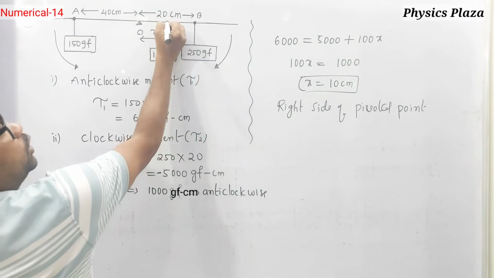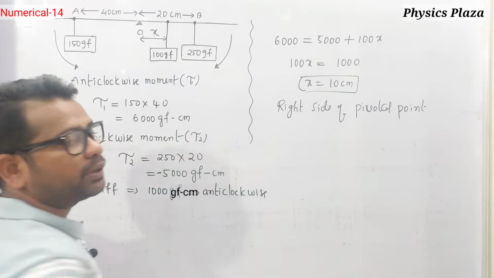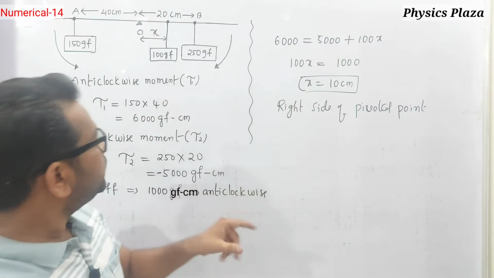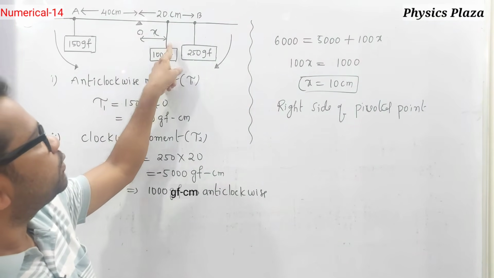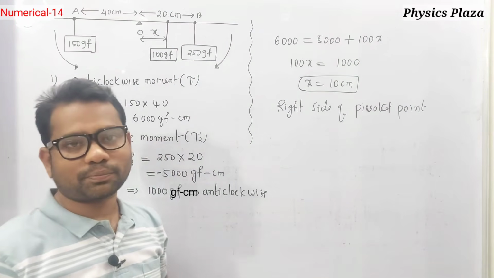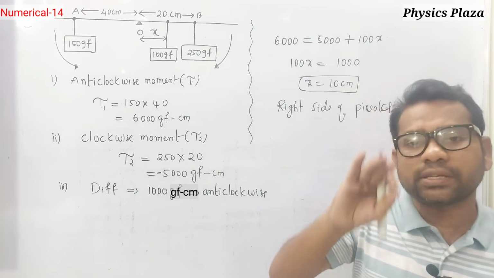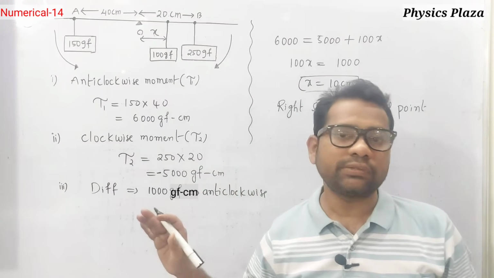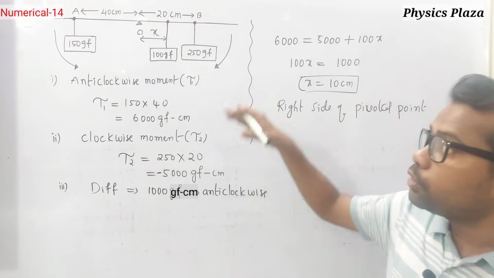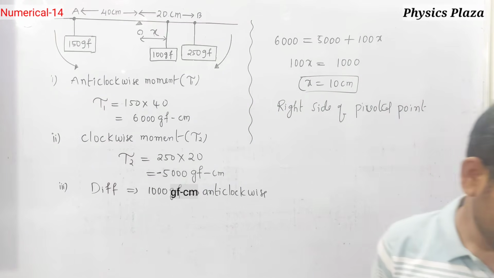So if we place that 100 gram force weight 10 centimeters from this pivot point on the right side, then the meter rule is balanced. Children, again I am telling you, almost all numericals which we have are based on a single concept. But how you understand the numerical is very important. Okay, just copy it.